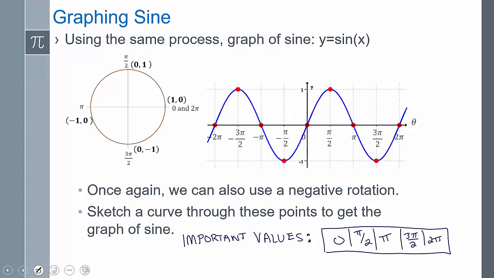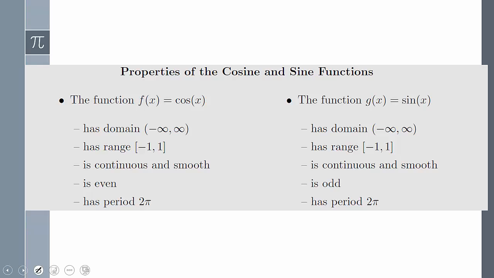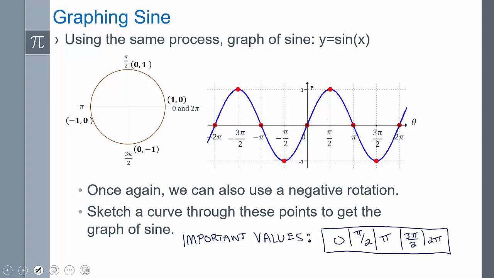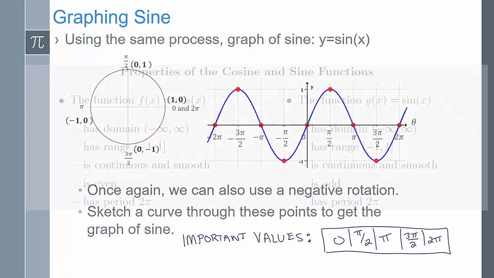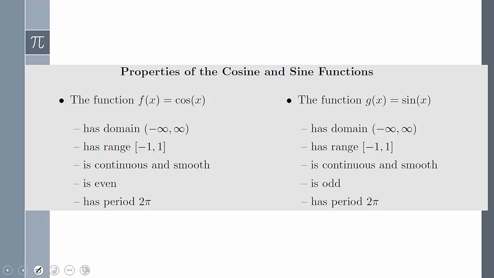Now, just to note a couple of things, the domain is always negative infinity to positive infinity. Even though we may only draw a couple of cycles, it goes on forever. Okay, so that's really important. The ranges of our parent graphs are between -1 and +1. It's continuous and smooth.